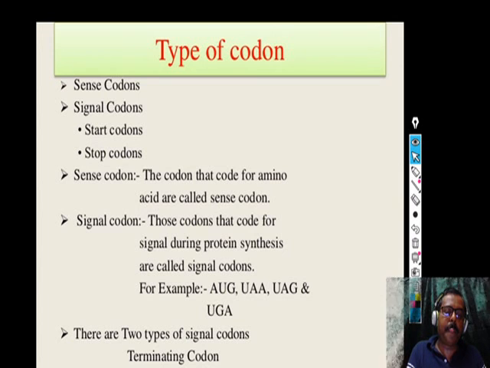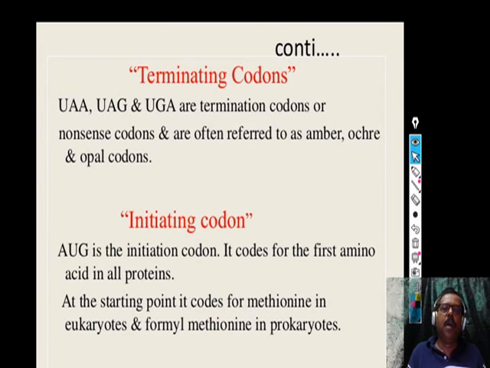And the stop codons are also covered under signal codons. We can classify the signal codons into start and stop codons. So the start codon is AUG and the stop codons are the 3 stop codons, UAA, UGA and UAG. So they are also known as the termination codons.